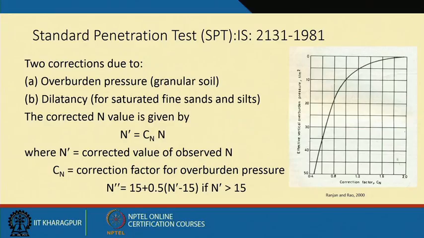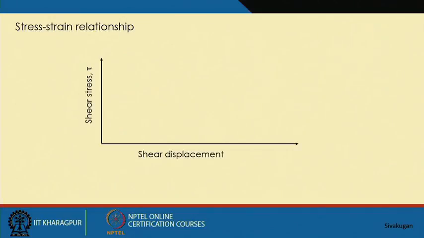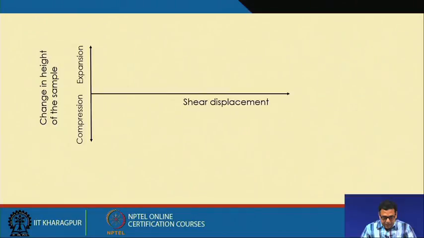So the dilatancy correction is applied in these cases: the soil is saturated, the N value is more than 15, on the dense side so that dilatancy can occur, and it is for fine sand and silt. The next one, I have already discussed.